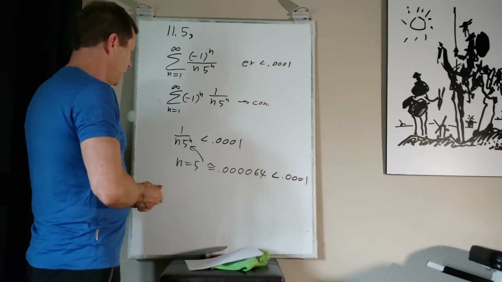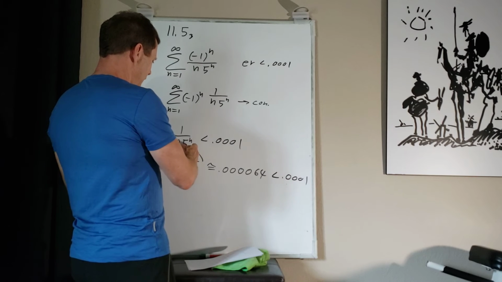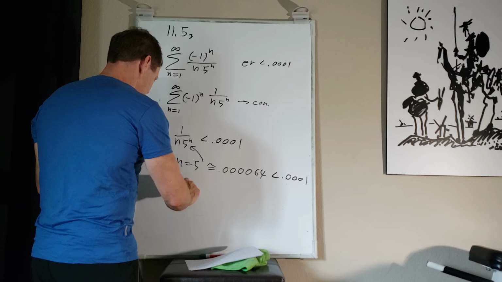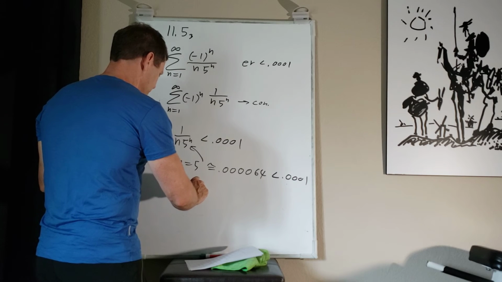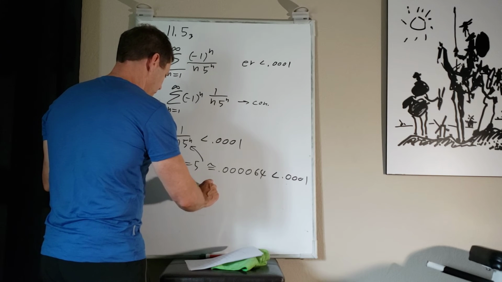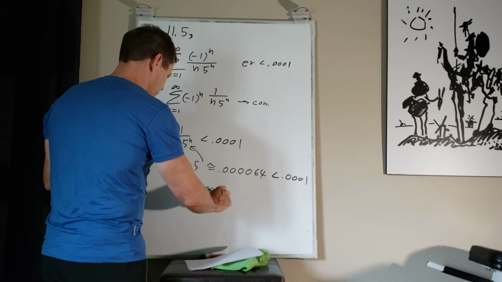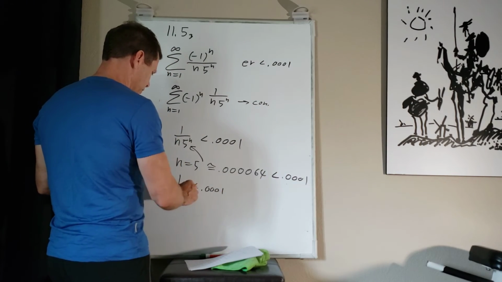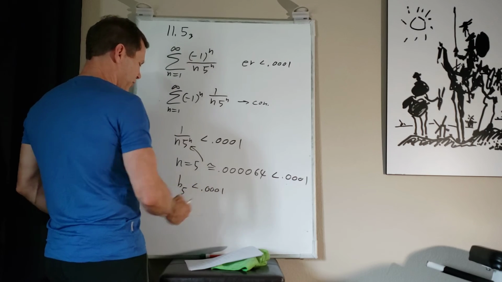So when I plugged in 5, I got the B_n that is less than your error. B5, in this case, is less than your error.